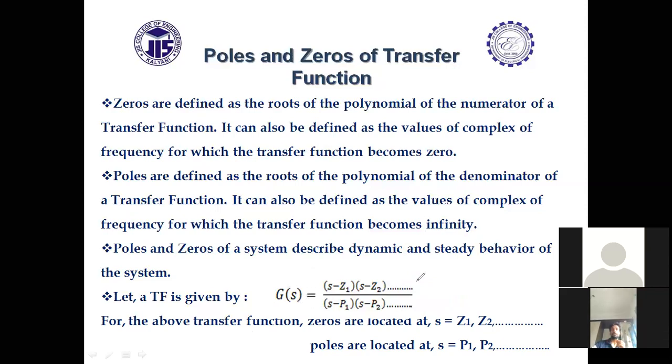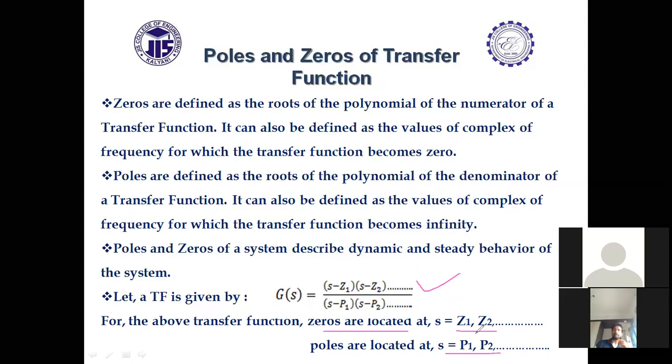Now let us assume this is the transfer function. For this transfer function, if the numerator part is equated to 0, we'll get the zeros. Zeros are located at z1, z2. Similarly, if the denominator is equated to 0, we'll get pole values. Those are p1, p2.